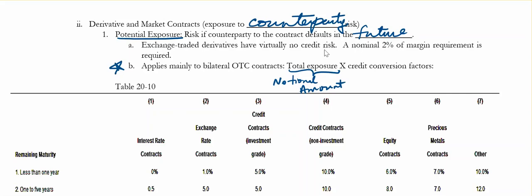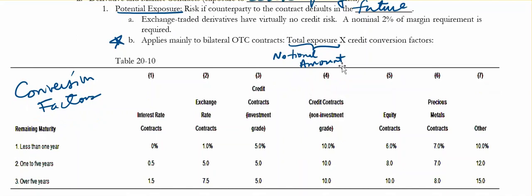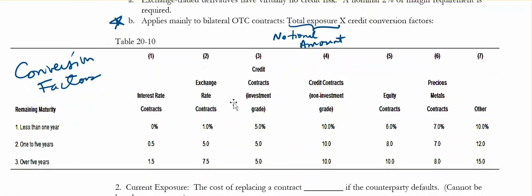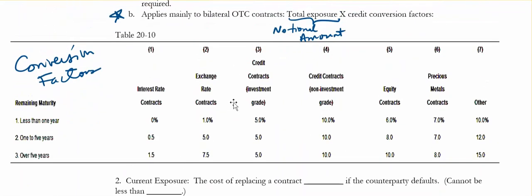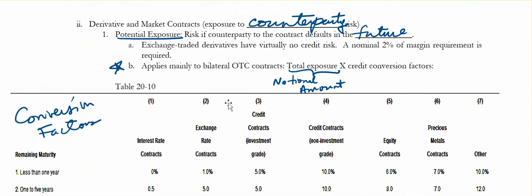And these conversion factors are in this table. So you just look up the particular kind of derivative on this table and multiply its notional amount by that conversion factor, which we are about to do. Now that is telling you what's called the potential exposure.